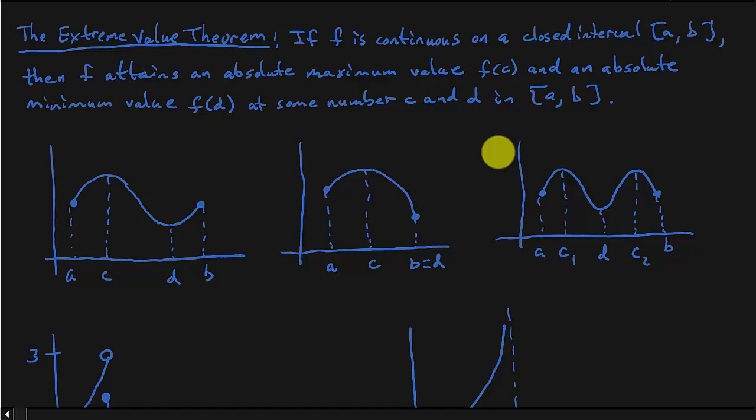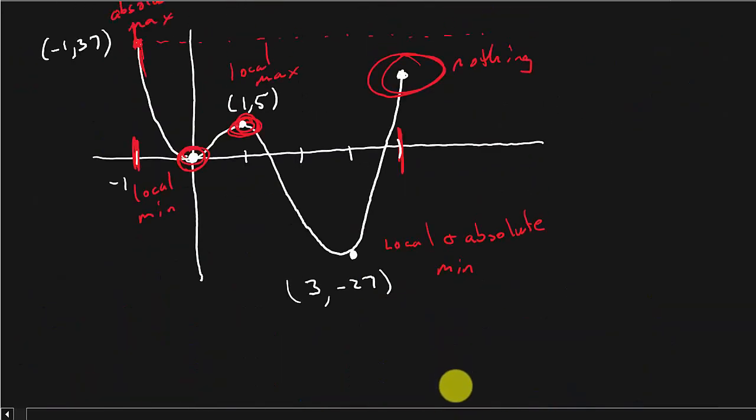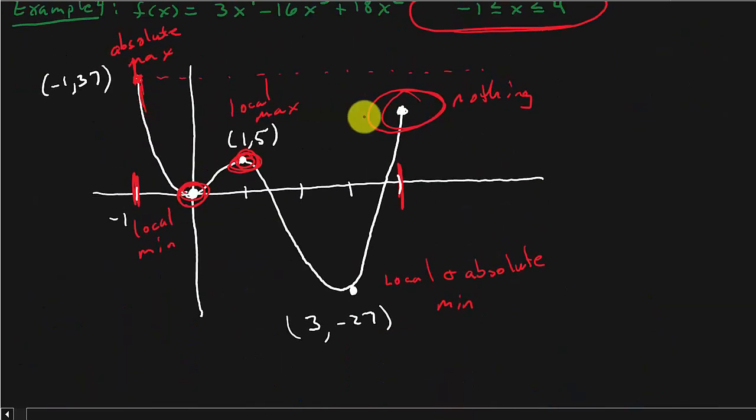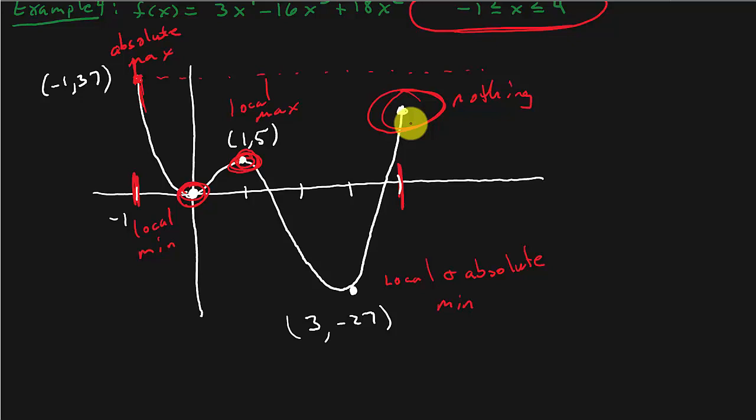So what they're saying is, if we're looking over an interval and you have a continuous function, there is going to be an absolute max and there is going to be an absolute minimum. Okay, so this up here was a good example of that. Here's a graph on a closed interval. There is going to be an absolute max and an absolute minimum between -1 and 4.